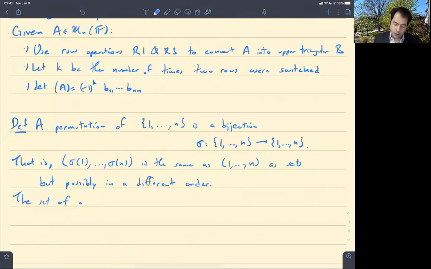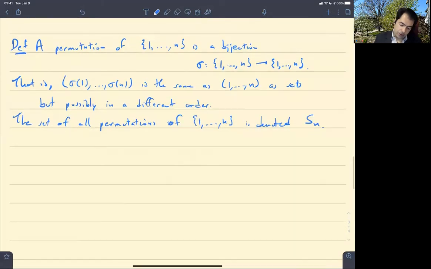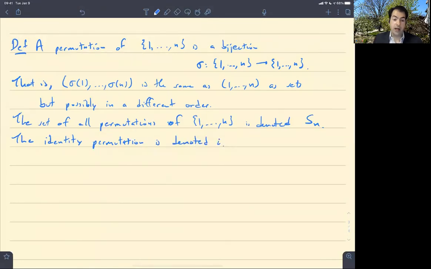The set of all permutations of the numbers from 1 to n is denoted S_n. And there's an obvious permutation, the identity. The identity permutation is denoted I.